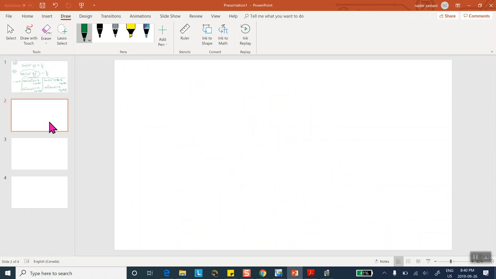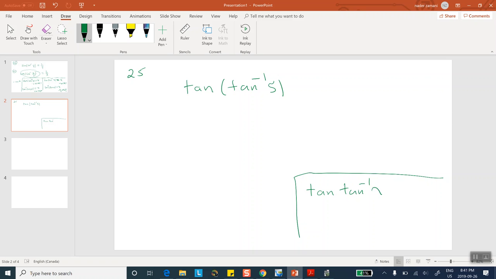Okay, let's do number 25. It says tan of tan inverse of 5. In that same review session, we also had tan of tan inverse of x.